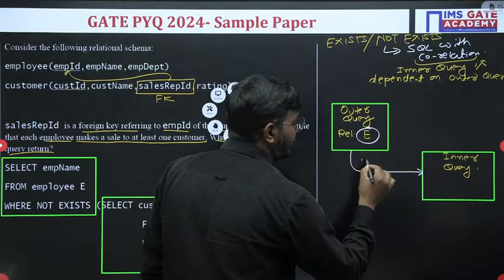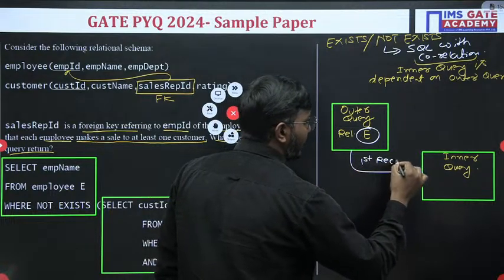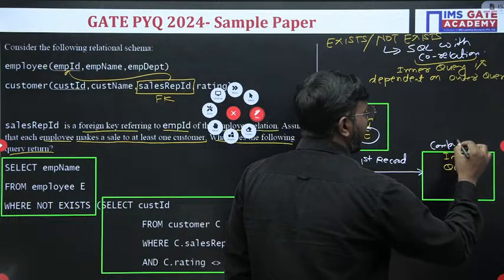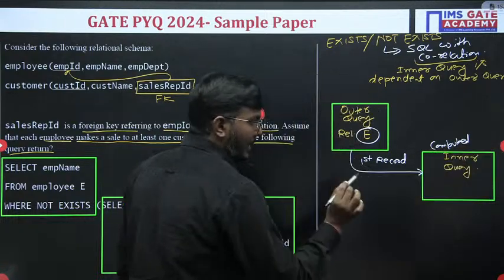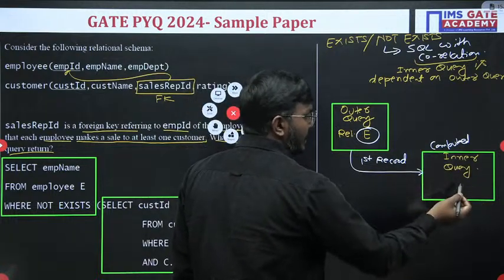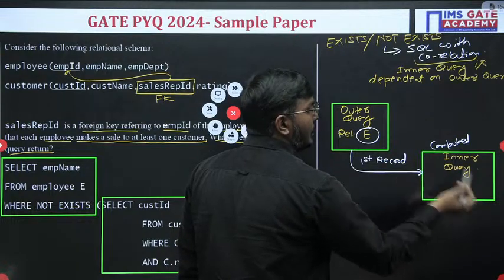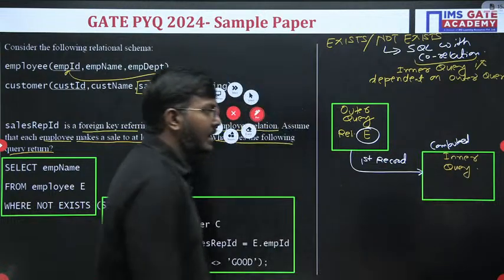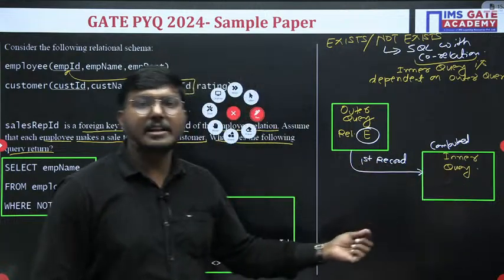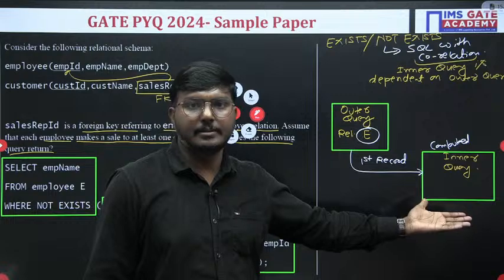For the first record, the inner query gets evaluated or computed. After computation, the inner query result will be either empty or non-empty.